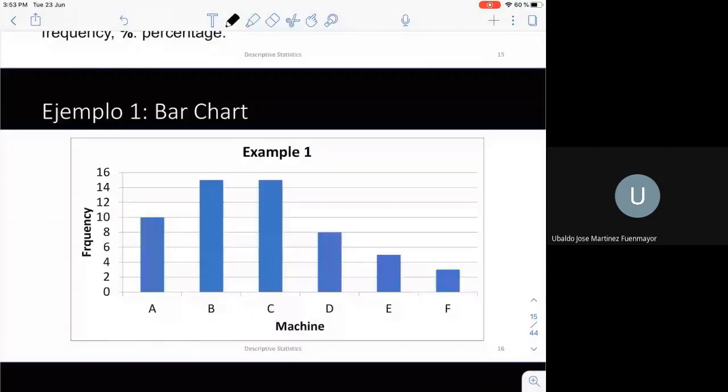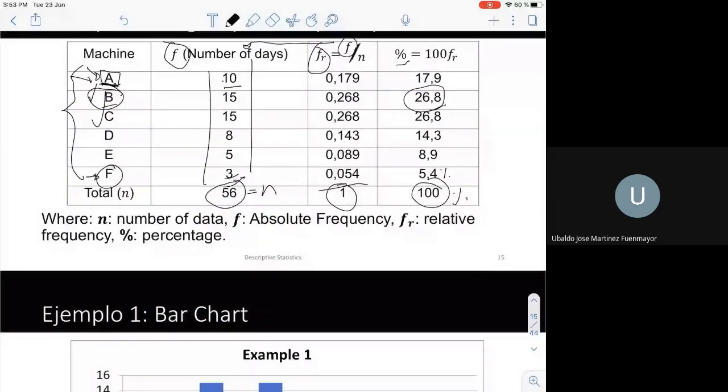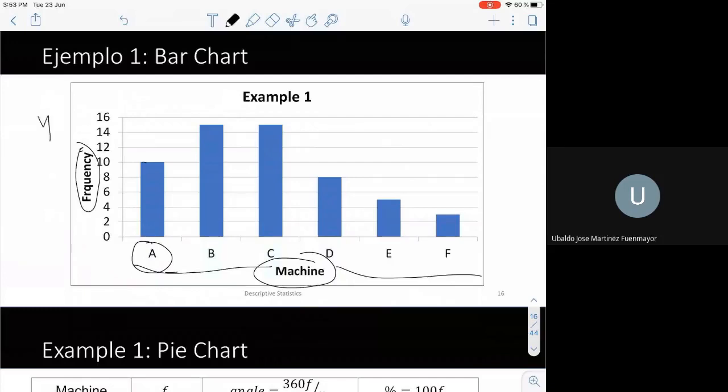In the bar chart, we're summarizing the same data. So we know, for example, for machine A, the frequency is 10. In the x-axis, we have the values of the variable. So machine A was used 10 times. In the y-axis, the frequency, we have a 10 here.